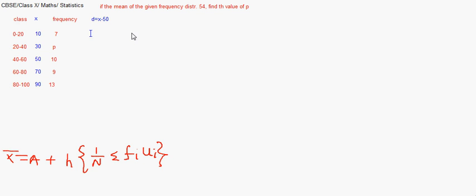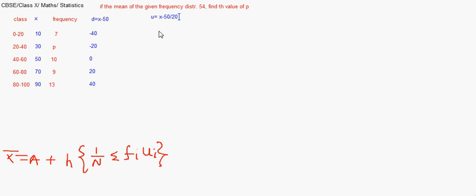That gives me minus 40, then minus 20, then 0, 20, and then again 40. We also have to find U, which is given by X minus 50 divided by the class interval, which here is 20. 0 to 20 is 20.